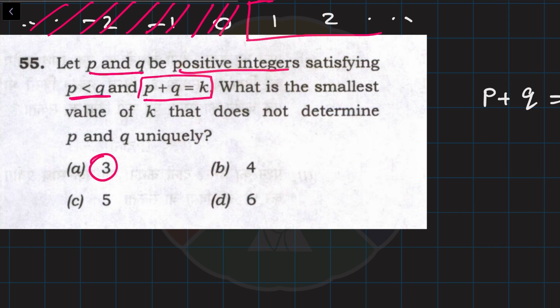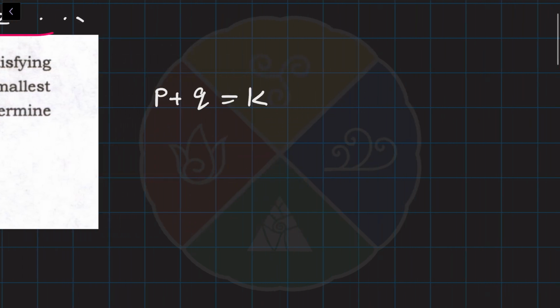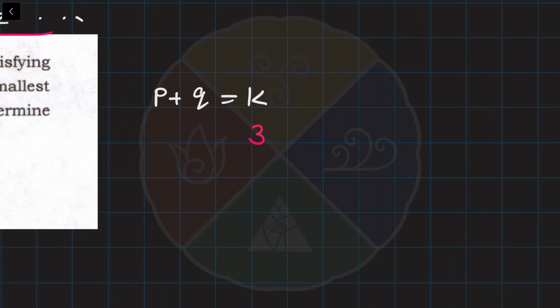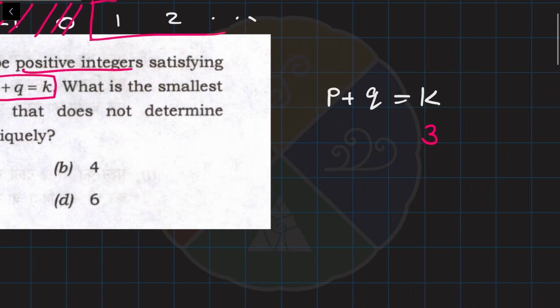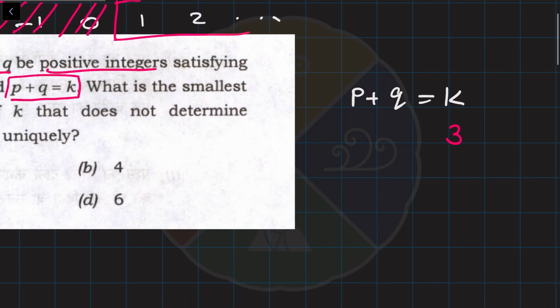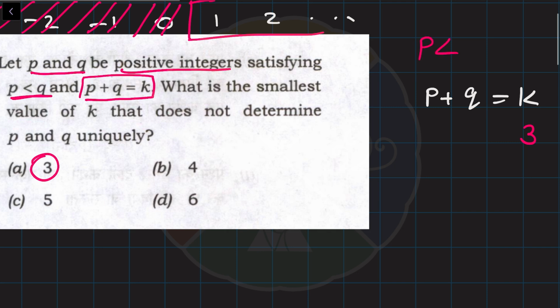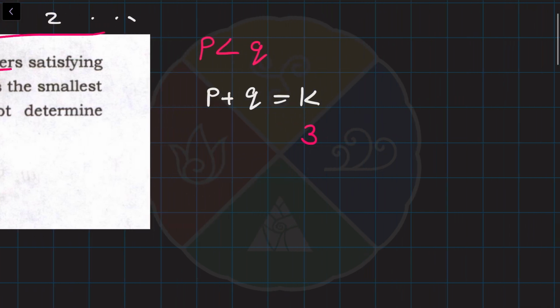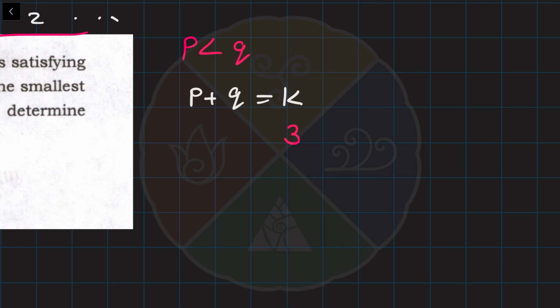For example, out of the options itself, the smallest value of k, which is given as 3, I'm going to put 3 instead of k. Now it is saying that p and q are natural numbers, and at the same time p is less than q. There is only one possibility: p becoming 1 and q becoming 2, because 1 plus 2 is equal to 3 and all the conditions are satisfied.